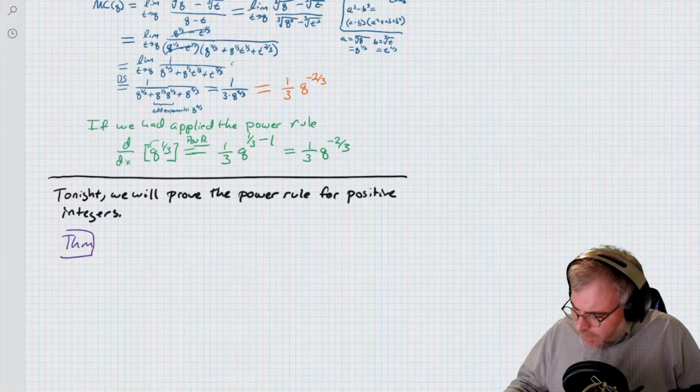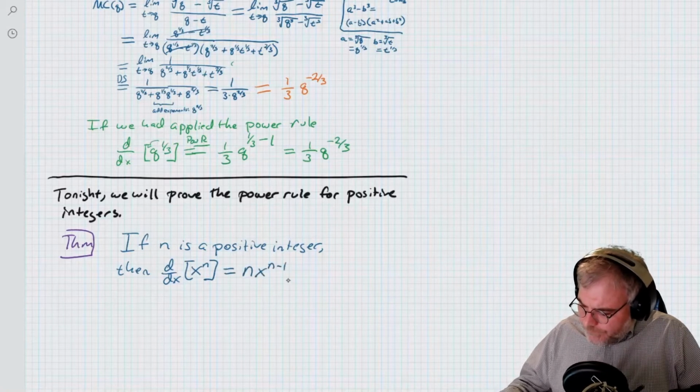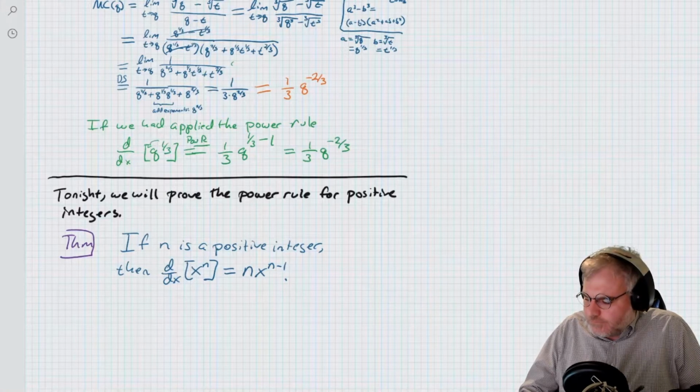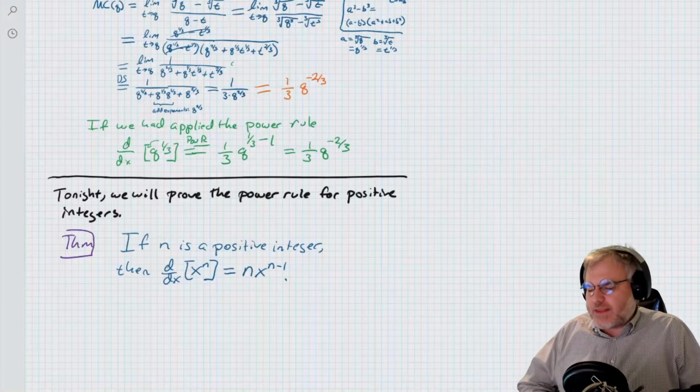If n is a positive integer, then d over dx of x to the n equals nx to the n minus 1. All right, are there any questions? We want it to work for squares, cubes, and all sorts of things like that.